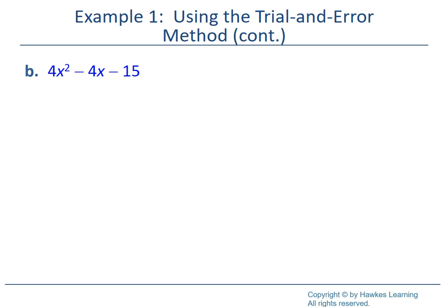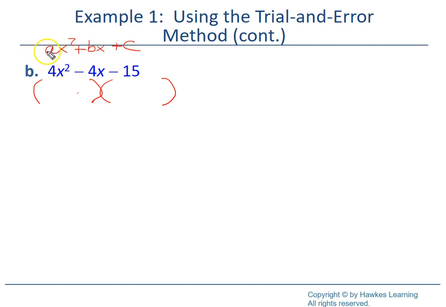Okay, now we have something like this. There are no common factors. We have a 4, yep. All right, so again, we're going to put two sets of parentheses. Now, here's the case where our a term, and again, this is ax squared plus bx plus c, this is our standard form.